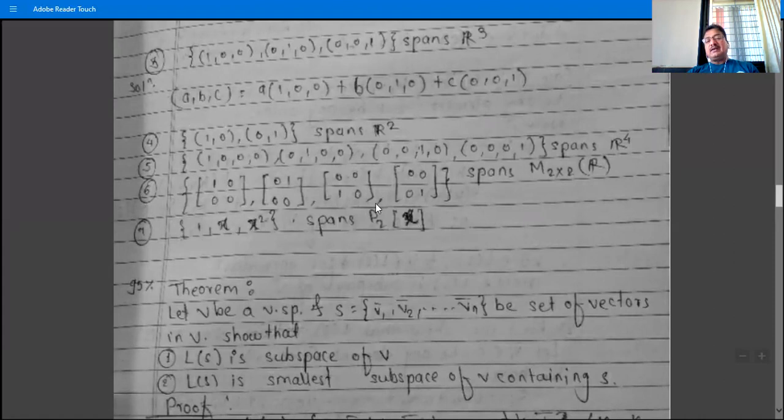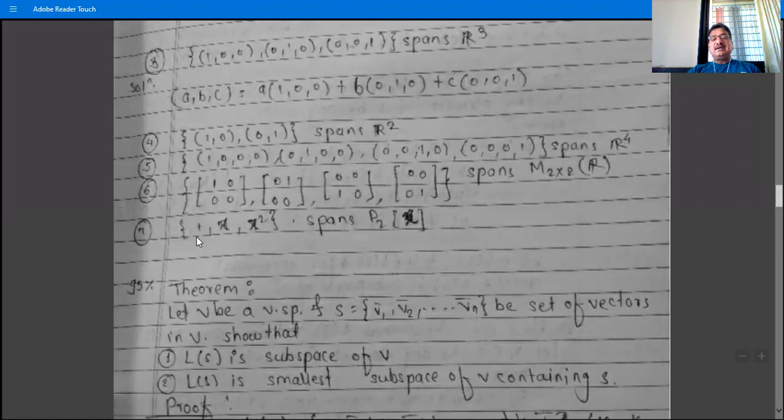Because if you take any element from P2(x), for example a0 plus a1 x plus a2 x square, this vector is a linear combination of these three vectors 1, x and x square, and therefore every vector of P2(x) is expressed as a linear combination of 1, x and x square, and therefore this set spans P2(x).